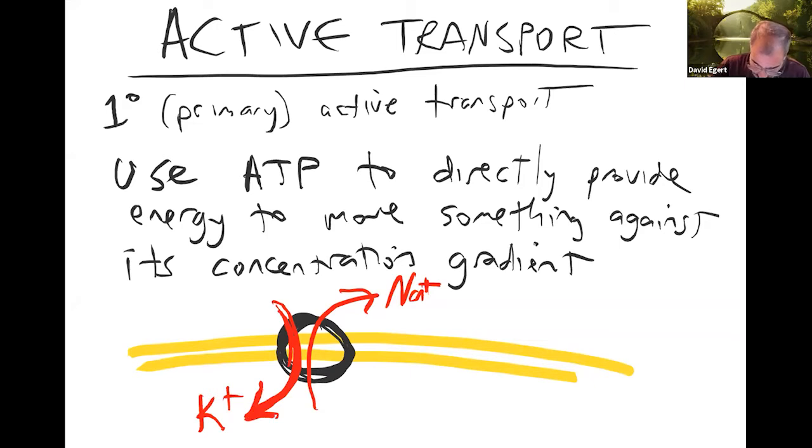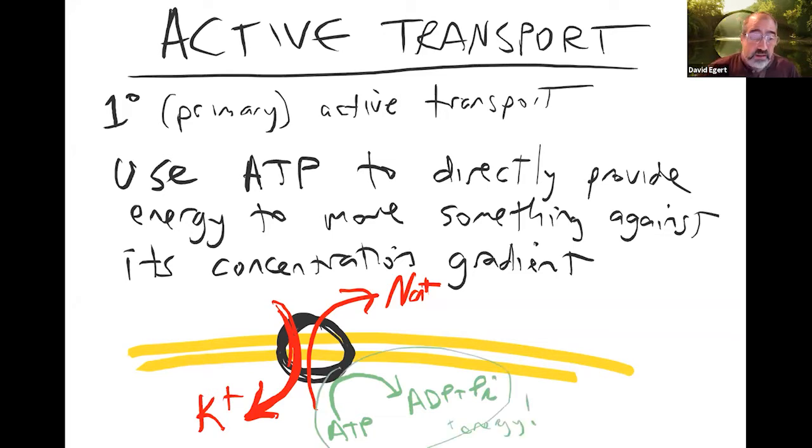So in order to make this work, we have to drive it with the breakdown of taking ATP and breaking it into ADP plus phosphate, right? And that also gives us energy. So we use this as kind of the fuel, kind of the gasoline, to run this little motor, which normally wouldn't go, because I've already got tons of sodium outside.